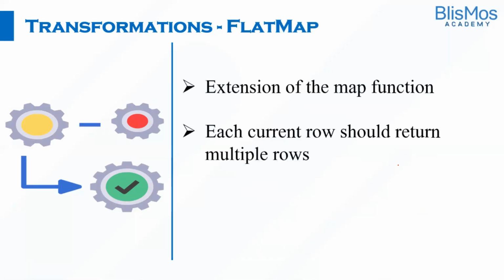Next, the flat map. Flat map provides an extension of the map function that we looked at one slide before. Sometimes each current row should return multiple rows. That is when you should be using the flat map.